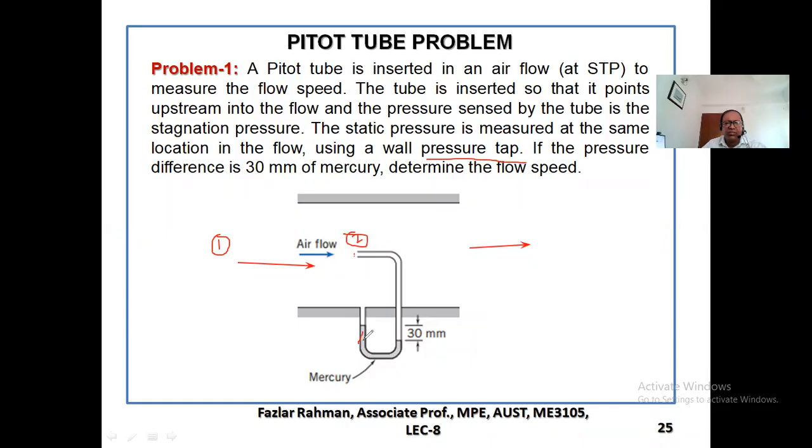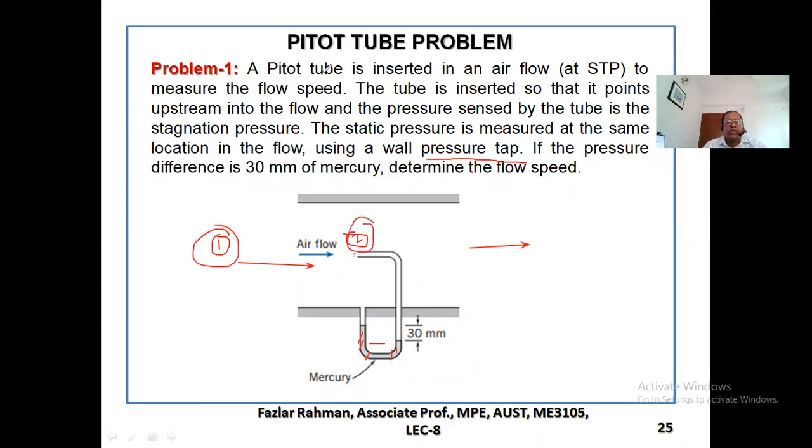And in the manometer, they put mercury. And when air flows, the deflection of the mercury is 30 millimeter. And you figure out the velocity of the fluid. How can we figure out this problem? We already derived it. You just need to apply Bernoulli's equation at point 1 and 2.